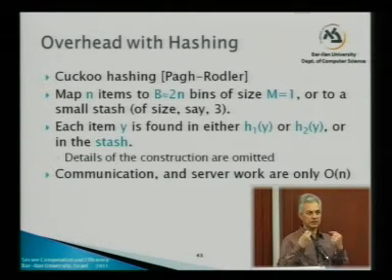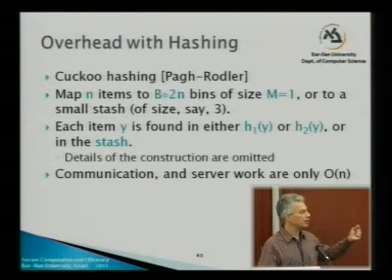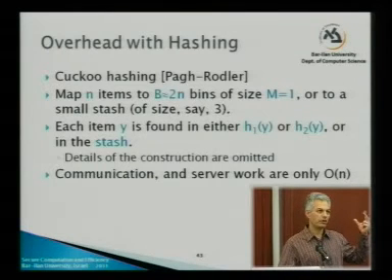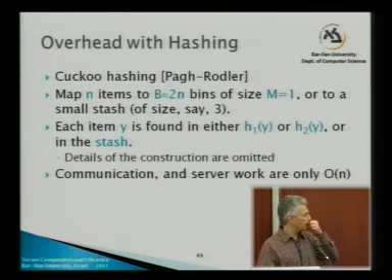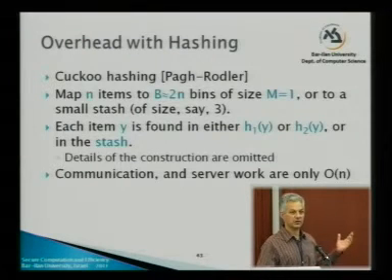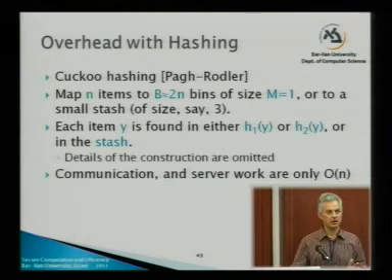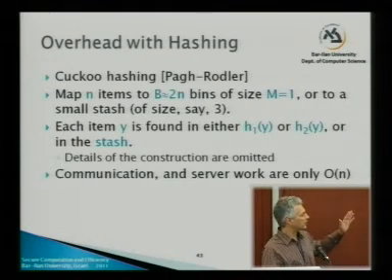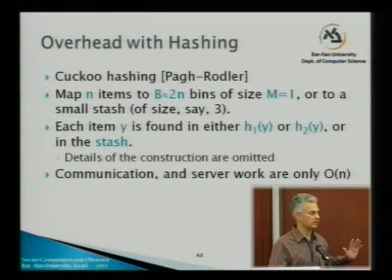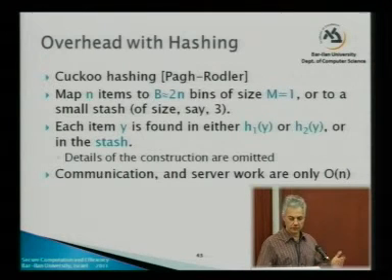So now the server, for each of its inputs, has to evaluate polynomials of two bins, which are linear, and the polynomial of the stash, which is of size 3. So 3 polynomials, all of constant size. So the overall work of the server is now linear. And the same is true for the communication and for the client work. So here we get very nicely to linear overhead. This seems like the ideal solution, the best we can do.